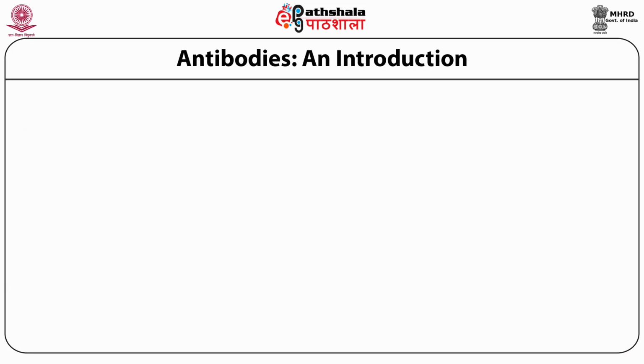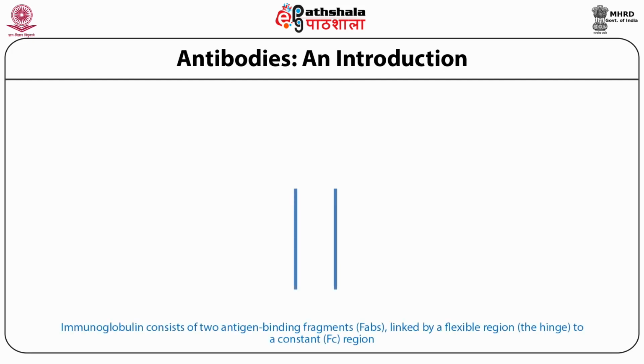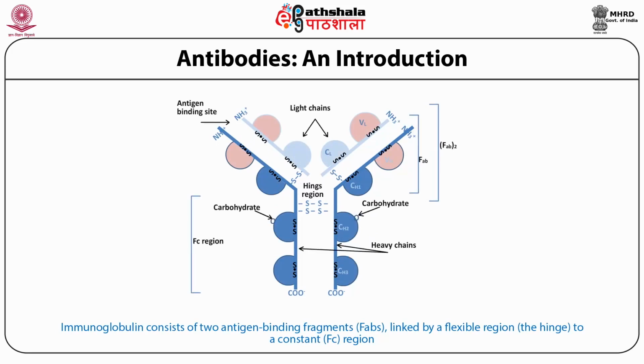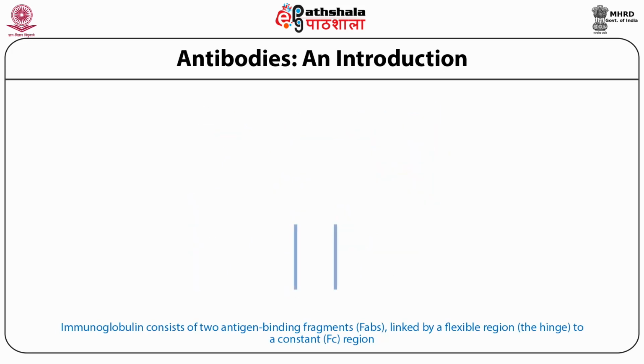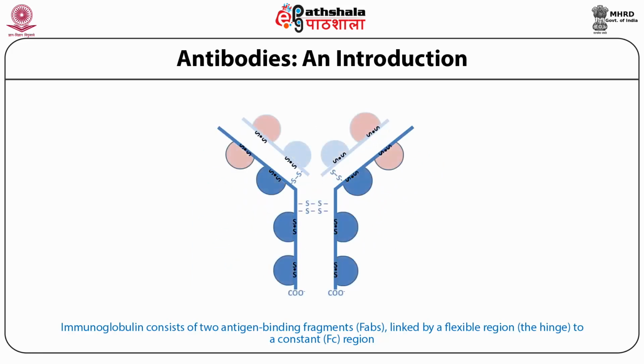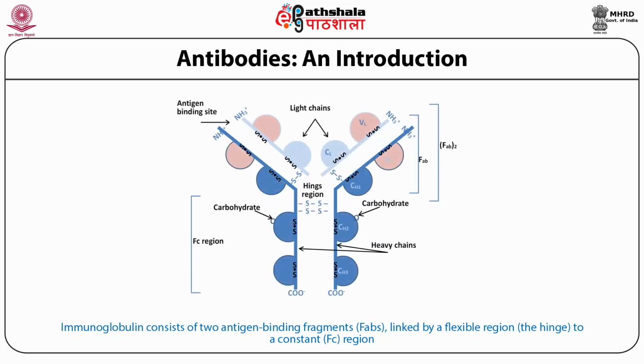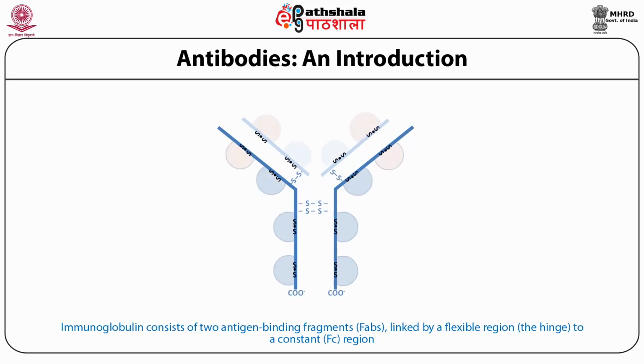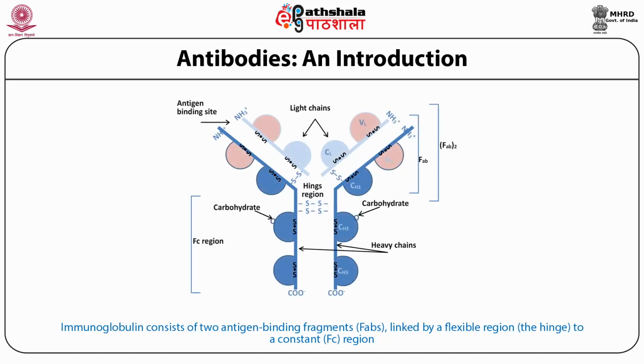Let me introduce antibody molecules to you. These are immune effector molecules secreted by B cells of our immune system. If you see on the screen here, we have a modular structure of an immunoglobulin monomer, IgG to be very precise. So a typical antibody or immunoglobulin molecule is composed of two antigen binding fragments, which are called Fabs, and which are linked via a flexible region called the hinge region to a constant Fc region.